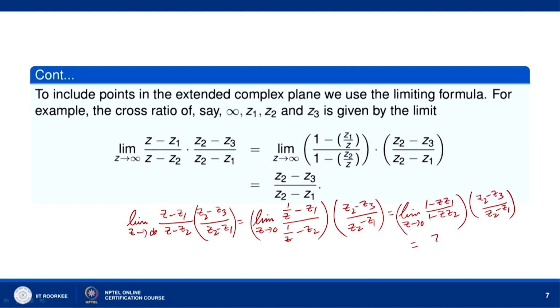So this cross ratio will then reduce to Z2 minus Z3 over Z2 minus Z1.